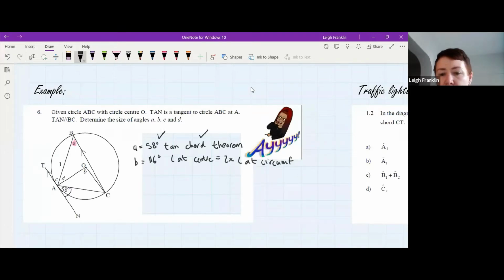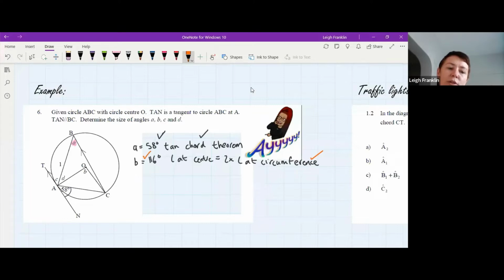Ma'am, can I ask a question? Of course. Would it be safe to say that the angle at the center will always be bigger than the angle at the circumference in this particular theorem? Yes, the angle at the center will always be twice the size of the angle, but it has to be subtended from the same points.